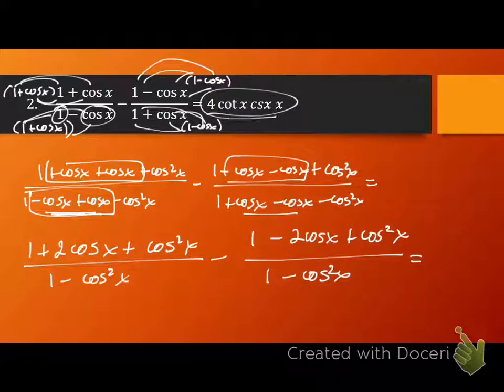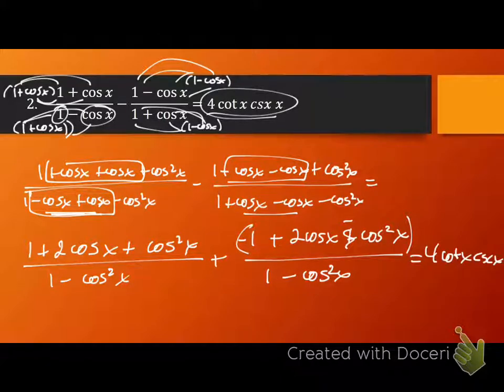So keep in mind that we're trying to make this look like 4 cotangent x, and that's a cosecant x. Okay. Now, in order to combine these two fractions, we need to understand that when we subtract, we can change that subtraction to a plus sign, but just like our binomials from before, we have to change all the signs behind it in the numerator.